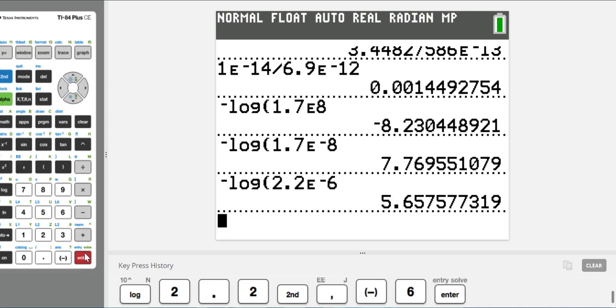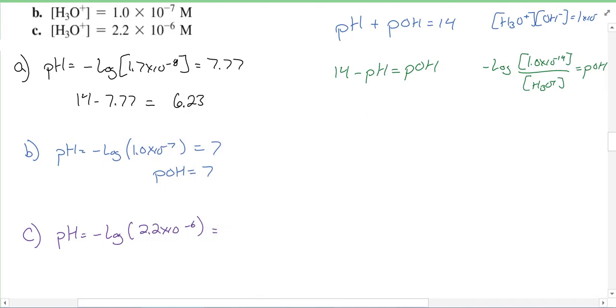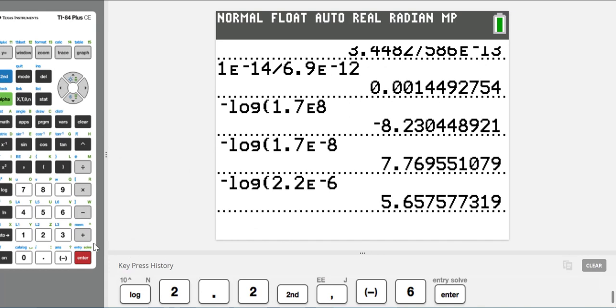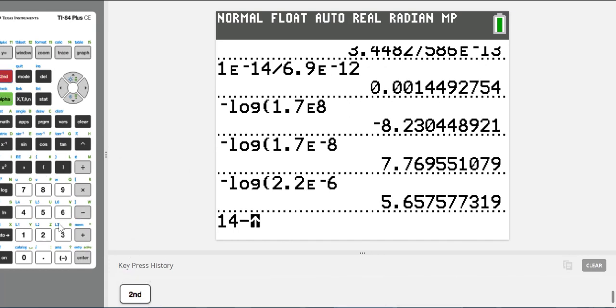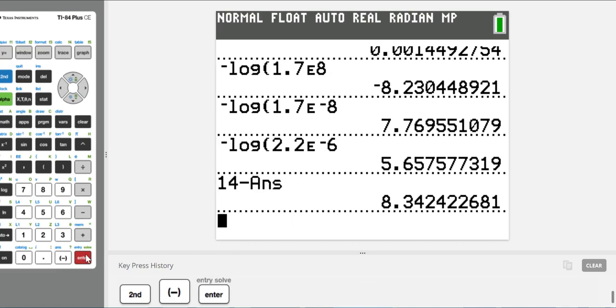I got 5.65, 5.66. And what you can do real quickly, 14 minus second answer, I get 8.34 for the pOH.